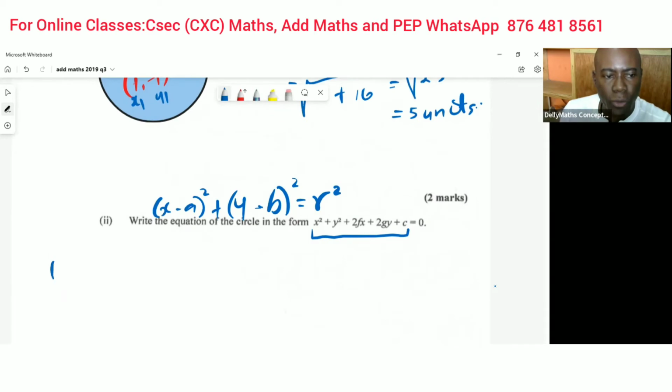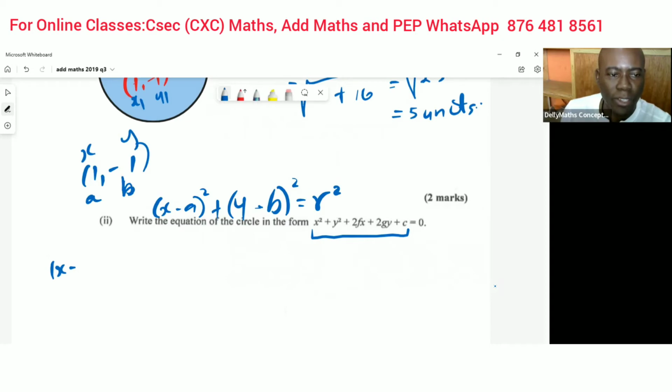So we're going to have x minus a, and a is going to be 1, because remember, the center is 1, -1. This is our x, this is our y, this is what we call the a, and that we call the b.